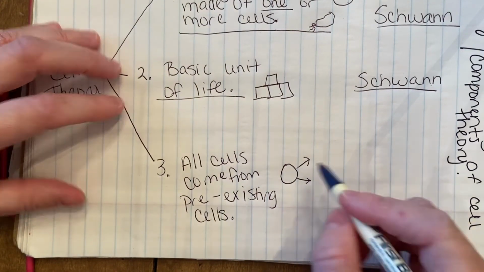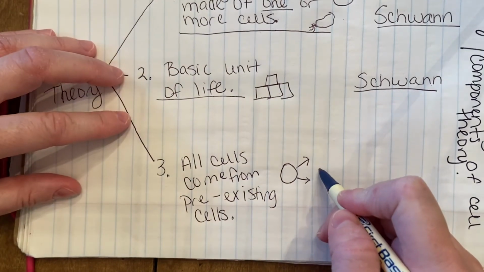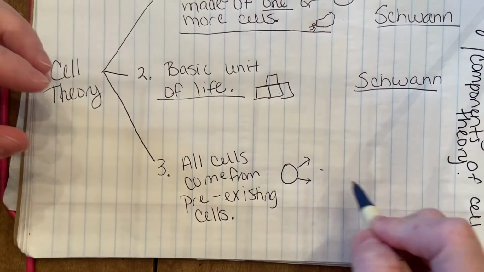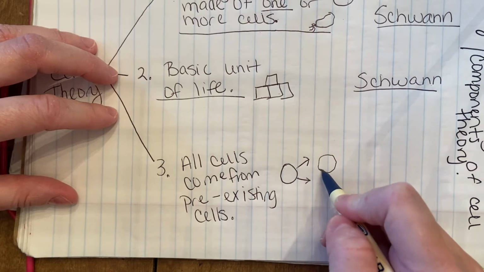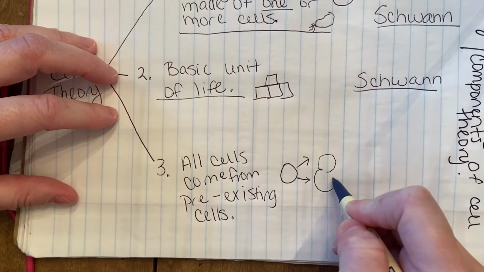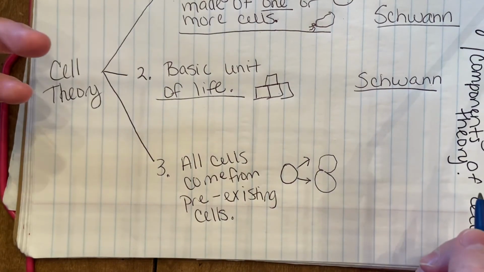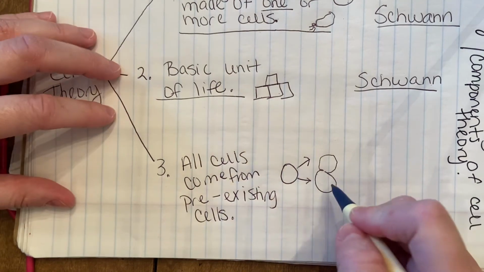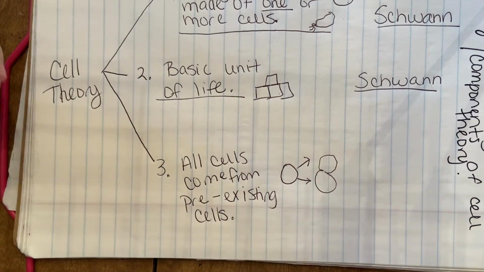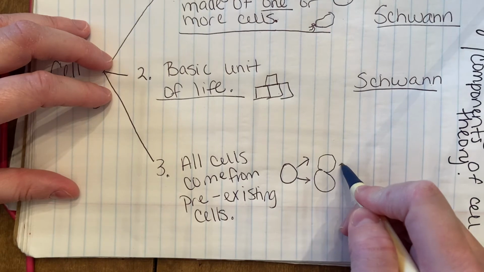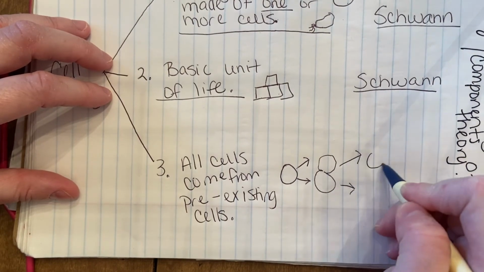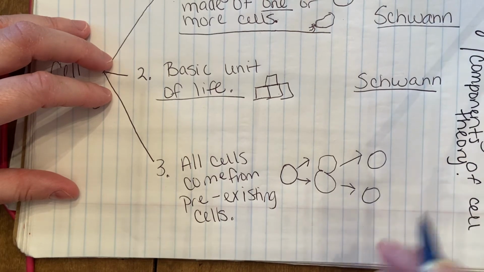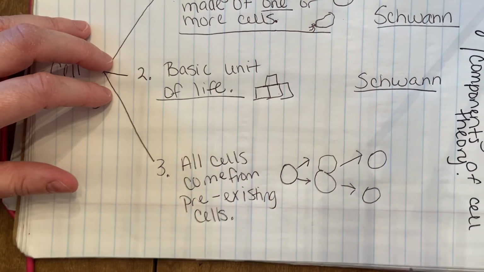Whenever I see cells dividing, they're going to split in half, very similar to what I'm drawing. You're probably like, this looks weird, but this is the only thing I can think of right now. So basically this cell is starting to divide, and then eventually they become two separate cells. Okay, hopefully that made sense.